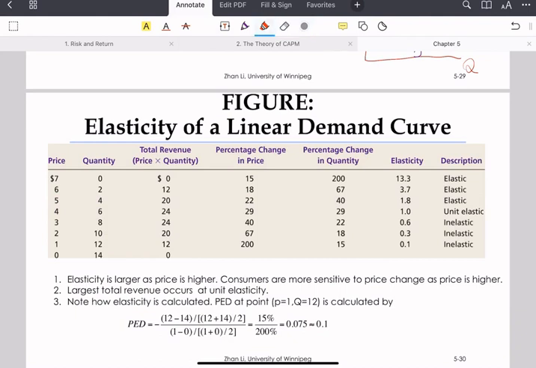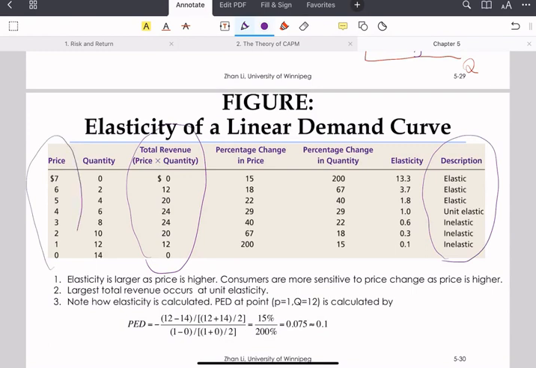So our focus now is this column, this column, and this column. Let's see our observation on how total revenue changes if we increase price.